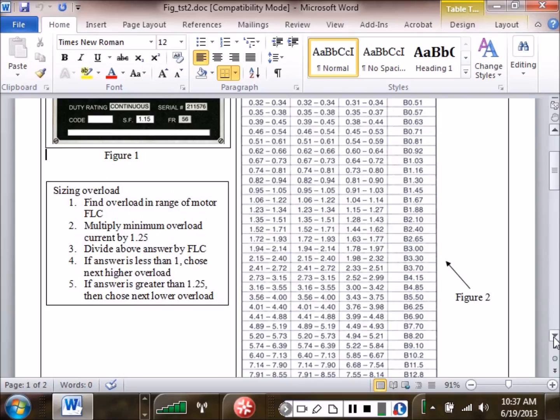The problem we have with a dual voltage motor is that the current's different for high voltage and low voltage. So a dual voltage or multi-voltage motor, the overloads are going to have to be outside, because I can't put an overload in here for 240 volts and then wire it and run it on 120. So a dual voltage motor, the overloads are going to be external.